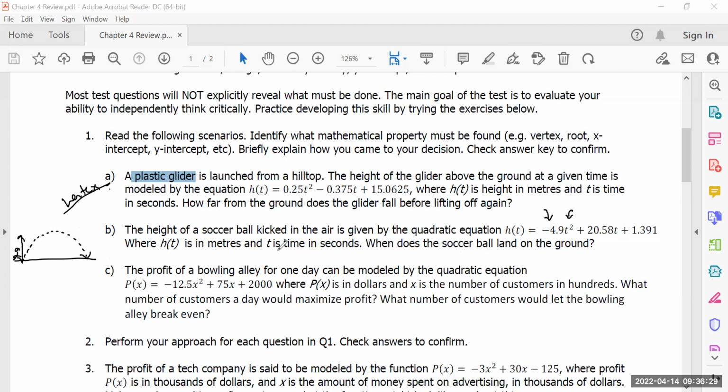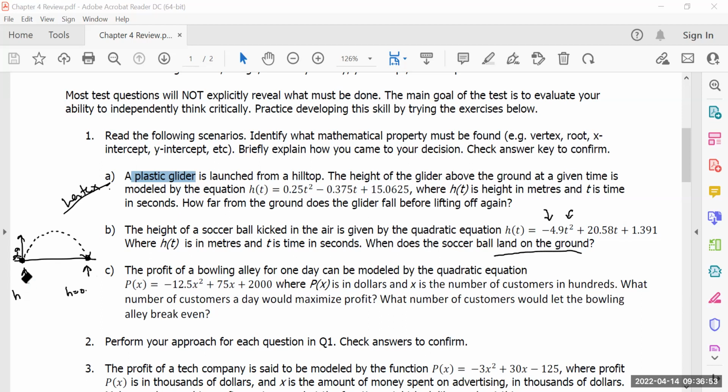When does the soccer ball land on the ground? That essentially is asking, when is the height 0? Your mathematical calculation should give you 2 different locations. Only one of them refers to the soccer ball landing back on the ground.